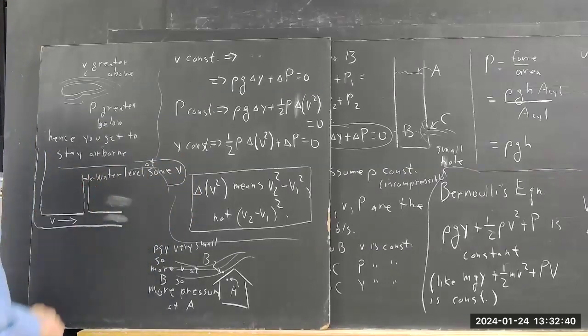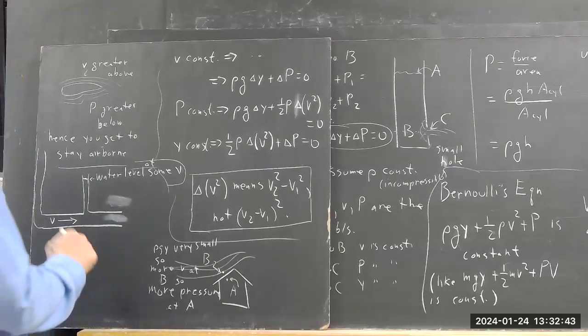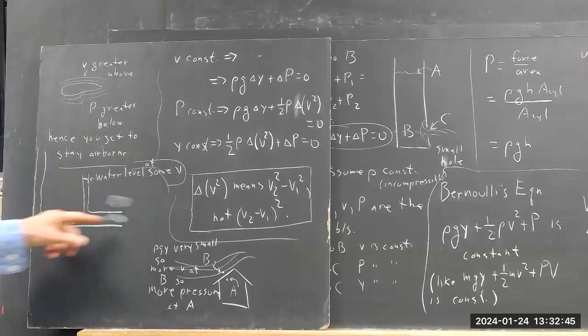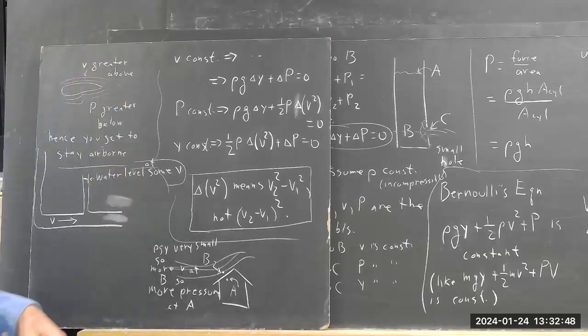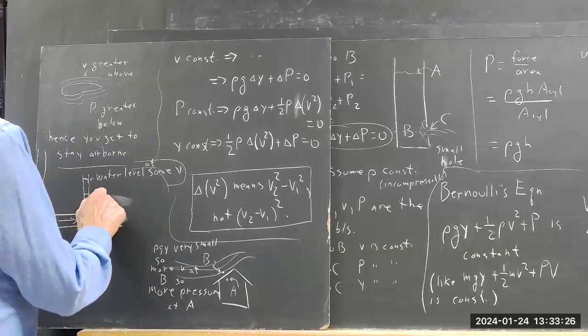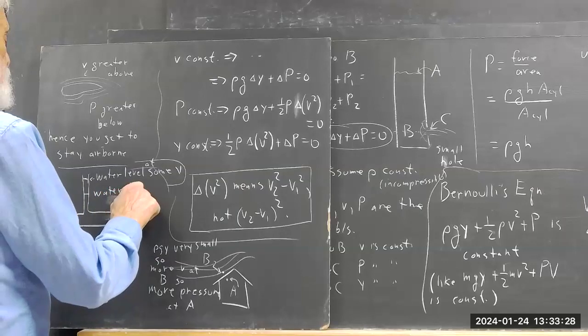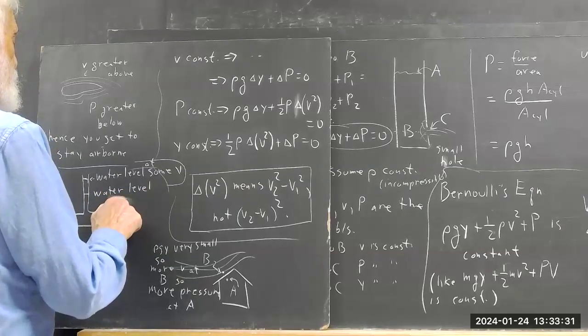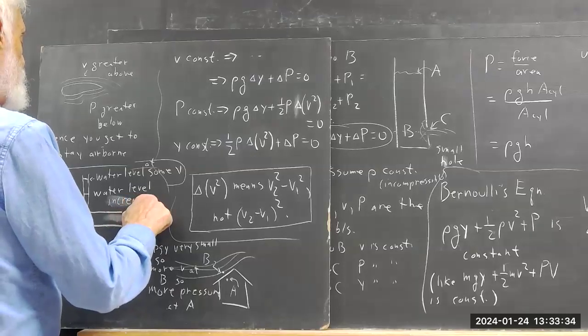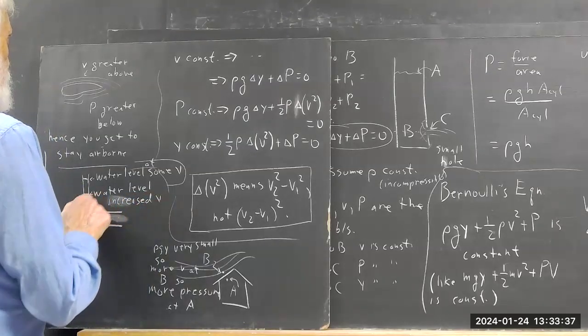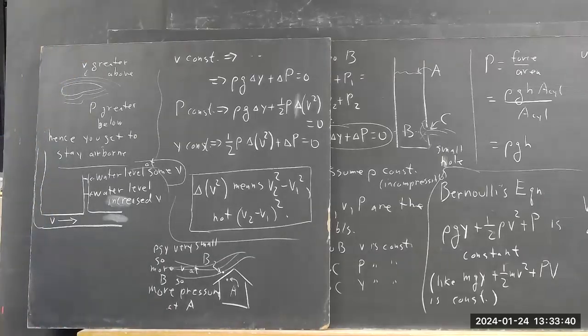If your water level at some velocity is here, then what's the water level if the fluid is moving faster? Does the water level go up or down? Water level at an increased V would be here. Okay. Now you can analyze that.